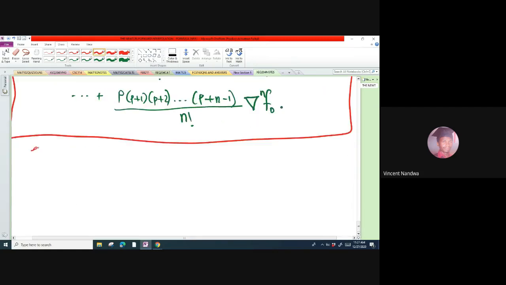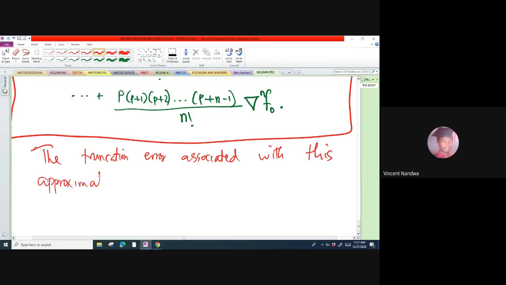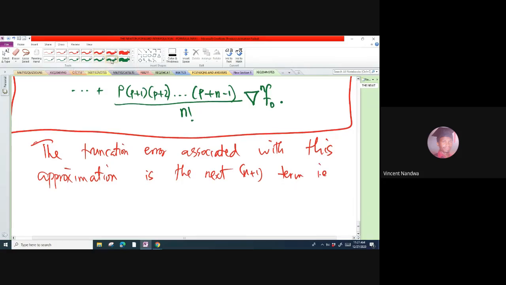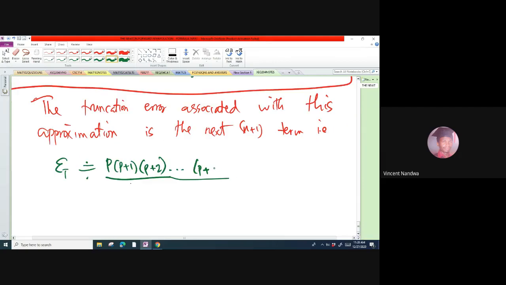The truncation error associated with this approximation is the next n plus 1 term, i.e., the truncation error is approximated by p into p plus 1, p plus 2, up to p plus n, divided by n plus 1 factorial.